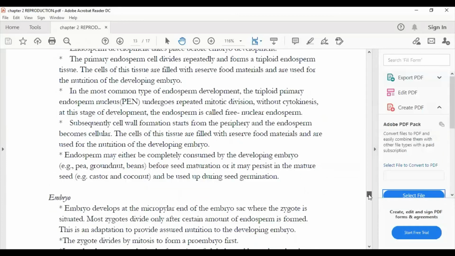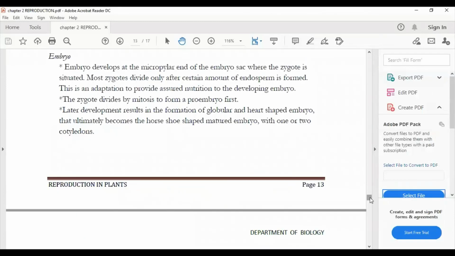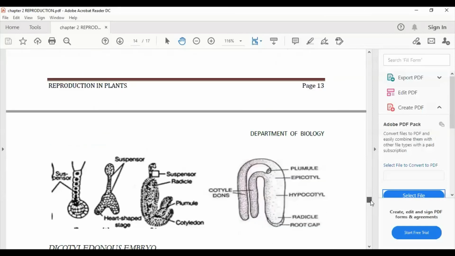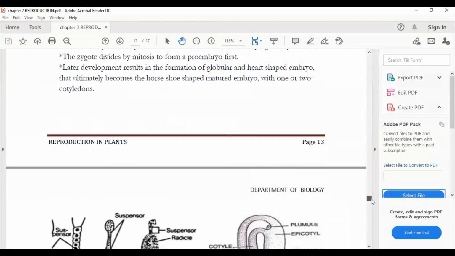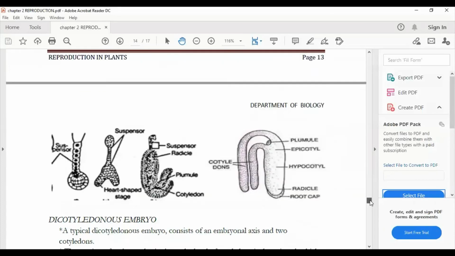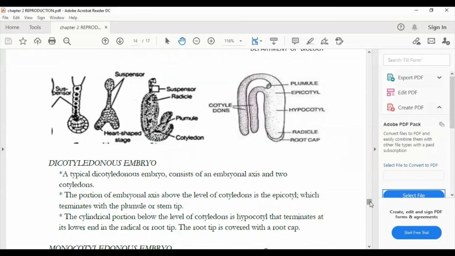Then moving on to embryo. The explanation is given here. This is the diagram which can be asked as heart-shaped matured embryo. So this is an embryo diagram.